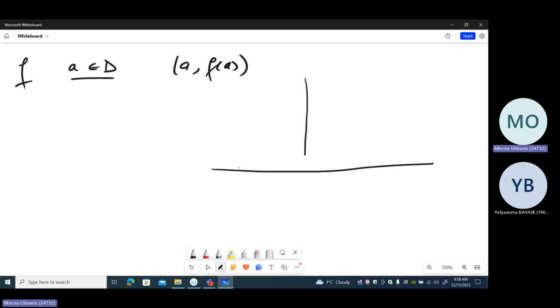Our problem was the following. We have a function, and a point in the domain of definition. The point on the graph of the function has the coordinates a and f of a, and we were interested to find the slope of the tangent. Our graph, let's say, looks something like that.